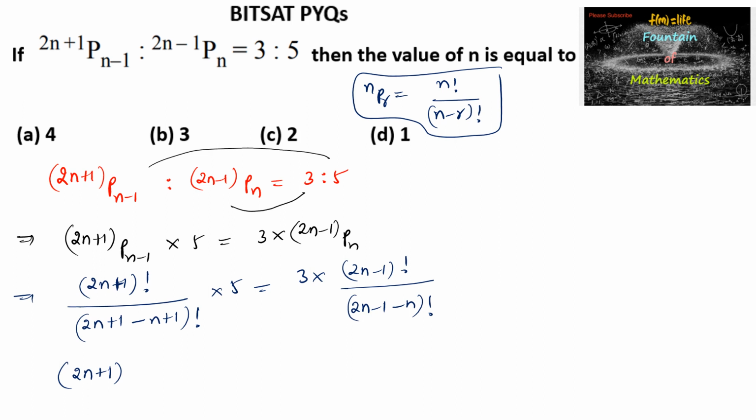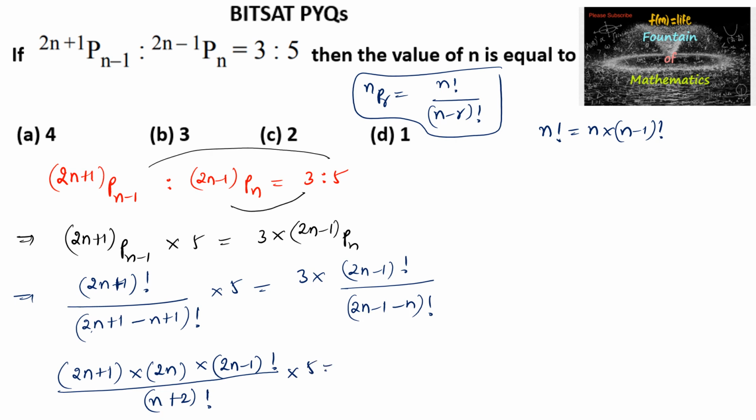For example, n! we can write as n into (n-1)!. So (2n+1)! we can write as (2n+1) into the next number below, which is 2n+1-1, that is 2n, and below this is (2n-1)! divided by (2n-n), here (n+1)!, into 5 is equal to 3 times (2n-1)! upon (2n-n), which is (n-1)!.